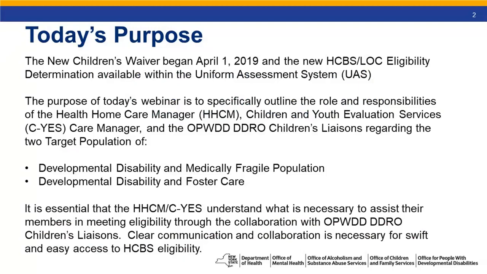We had two previous webinars about HCBS eligibility, and if you want to know about the SED target population and the medically fragile population on its own merit, those slides are available as well as information that has been posted. Today we're going to focus on those two target populations and how the health home care manager or CS is going to coordinate with the OPWDD DDRO children's liaison.